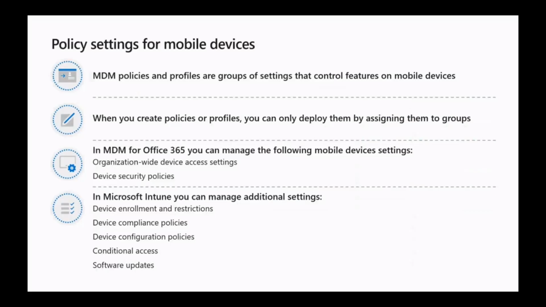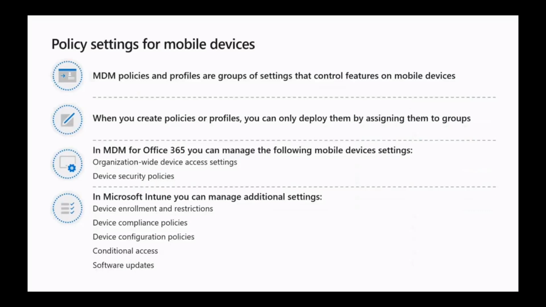In Microsoft Intune, you can manage additional settings, for example device enrollment and restriction, device compliance policy, device configuration policies, conditional access, and software updates. So depending on the situation, you can configure any of these settings, and some others, that allow you to control the way in which users can connect, consume, and even remove applications from their devices.